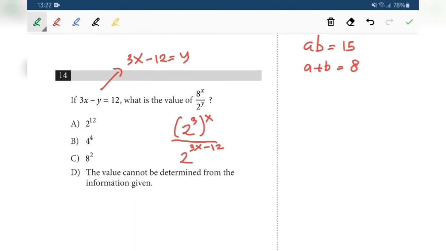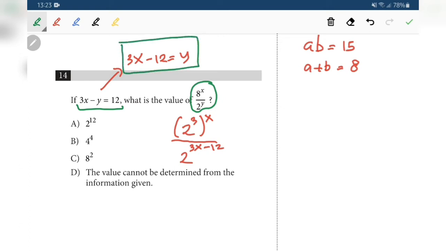Number 14. We have one equation and we are looking for a value. Normally, if we want to find two values at minimum, we need two equations. But now we will see whether we have some justification from the simplifications that we have. A can be written as 2 over 3, and this is the value of y.